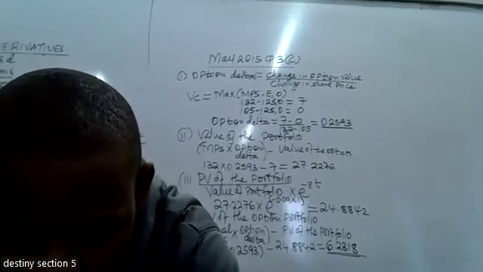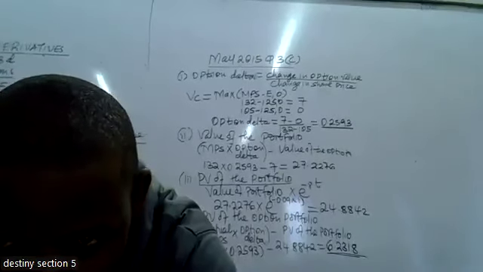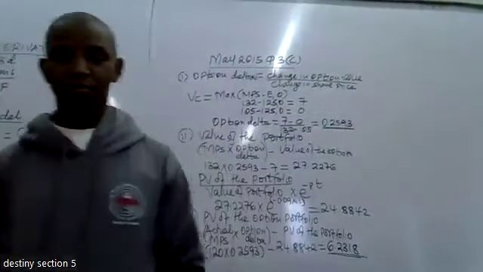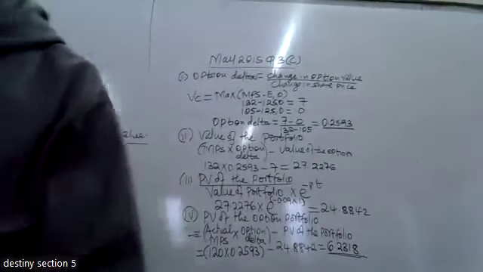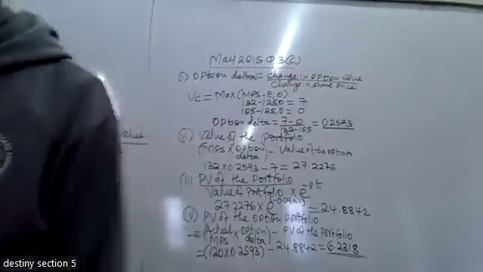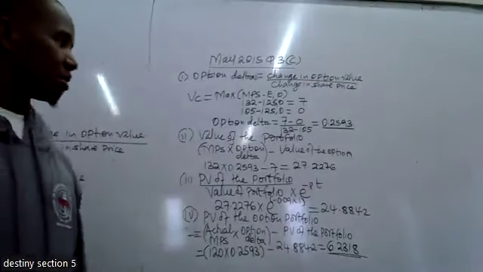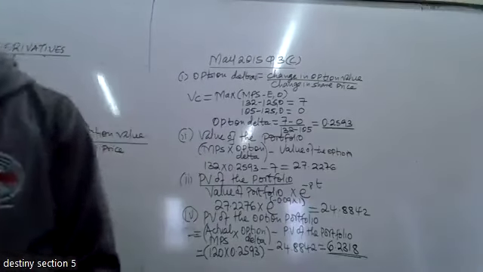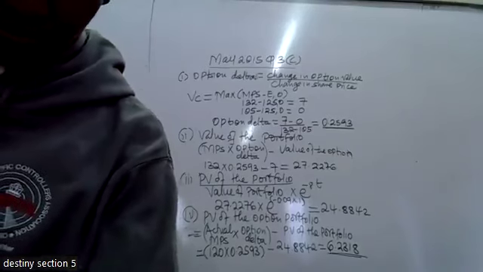So that one you can just try at your own time, May 2014 4D, because it has the same concept. The only difference is that we have it for 6 months. So for 6 months, because you have to use per annum, it will just be 6 over 12.